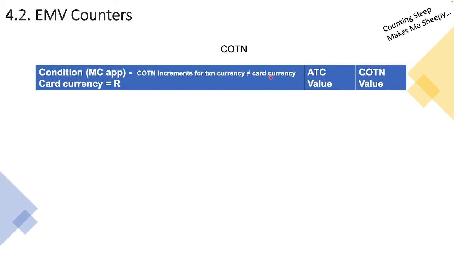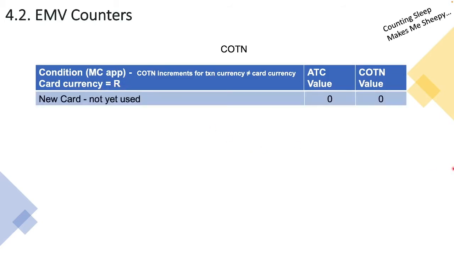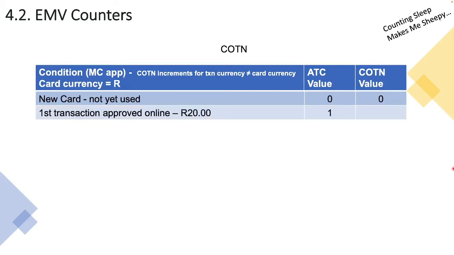So if the card currency is rands, any transaction in rands won't be counted. Any transactions not in rands will be counted. In this case, let's confirm that the card currency is rands. So, brand new card not used, ATC value equals 0 and the COTN value equals 0.